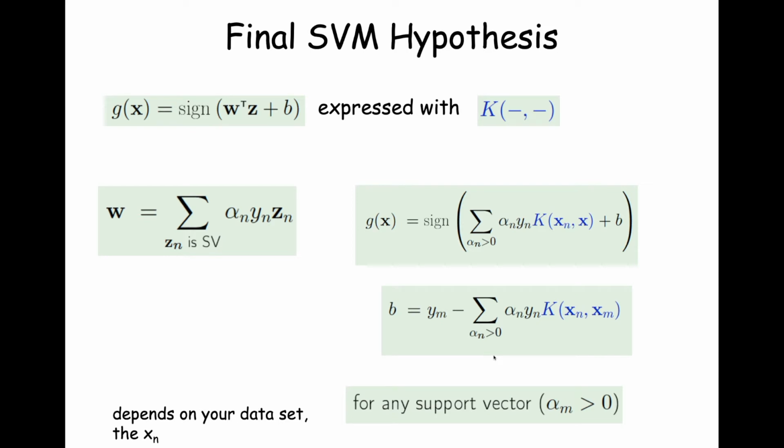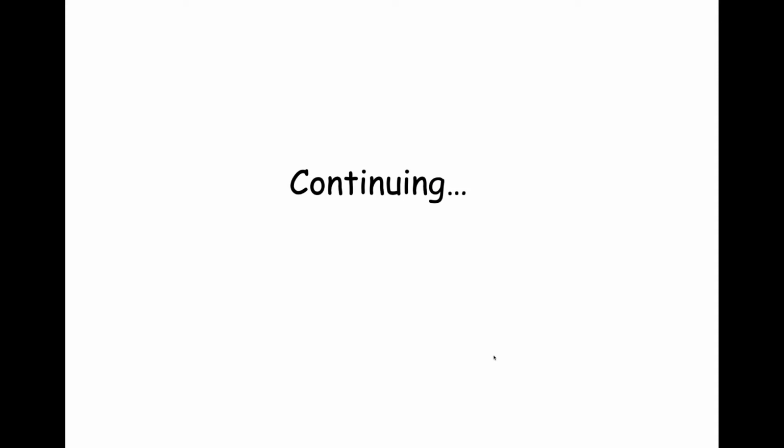We make that substitution, and we get an inner product between Zn and phi of x, which is the input parameter to the final best hypothesis. This gives us an inner product Zn transpose times Z. And so we need the kernel for the final best hypothesis, and we also need the kernel in solving for what B is. We choose any support vector in Z space, and we then solve. So this is where we left off, and let's continue on.